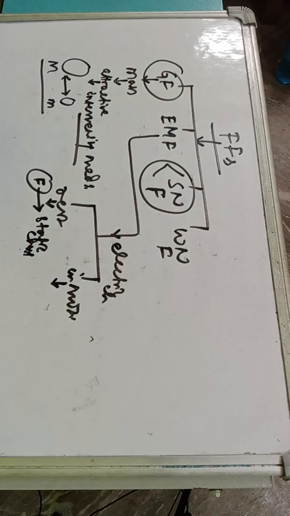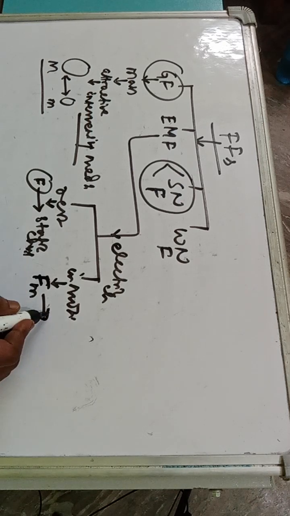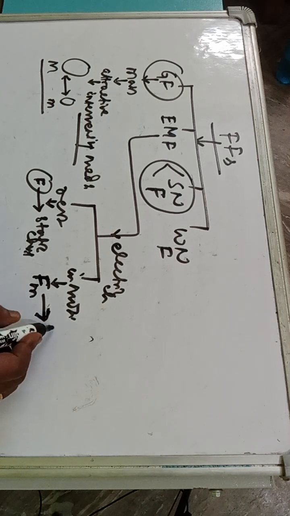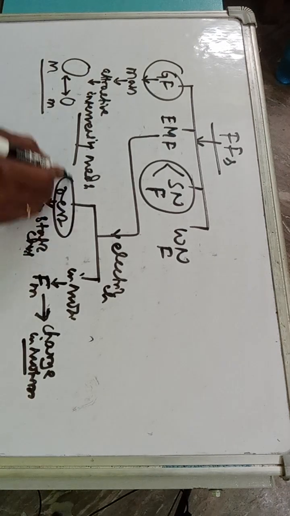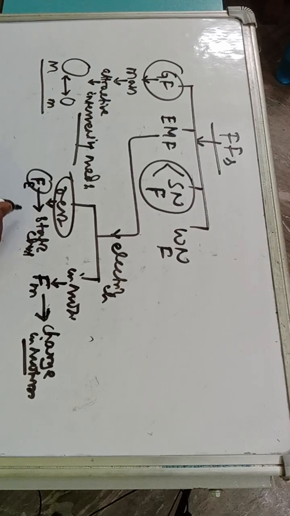Whereas if an electric charge is in motion, it will have a magnetic force, and it will have a force of attraction or repulsion depending upon the direction of another charge in motion, that is, it will have a force on another charge in motion.